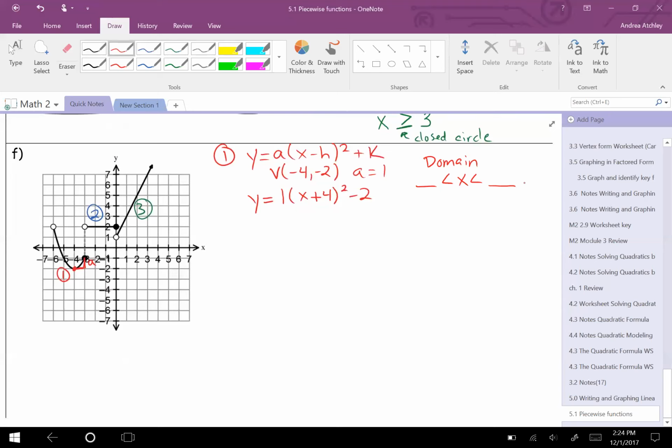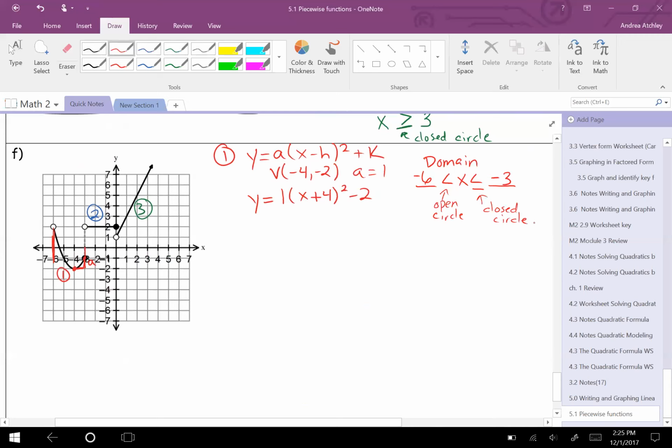Haley D, what'd you get? -3, very good. Okay, the -6 right here has the open circle, so it cannot equal it. And then here where it ends, my x value is -3, and that is a closed circle. So it can equal it.